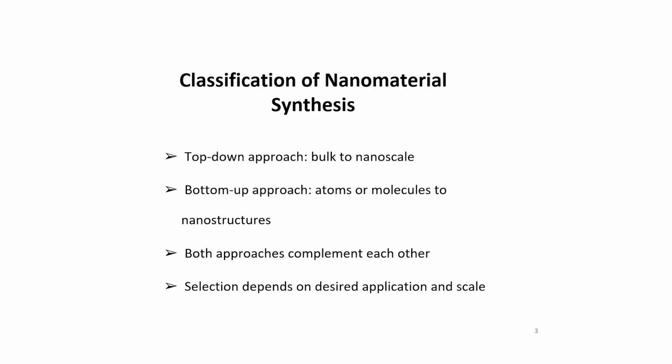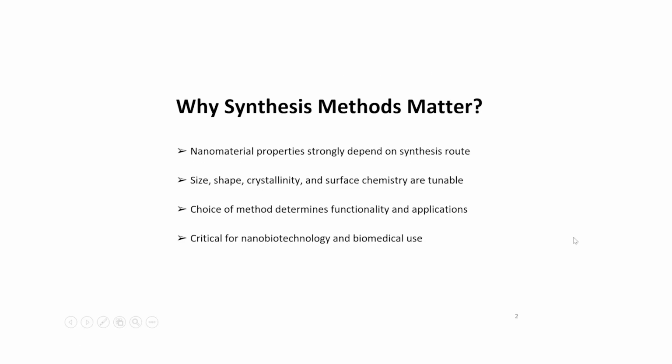So top down approach is basically bulk to nanoscale, and bottom up approach means atoms or molecules are making a cluster to make nanostructures. They are coming together to form nanostructures, okay. Both approaches are complementary, and selection also depends on the application and scale. You can also use both methods. Hybrid techniques are also available.